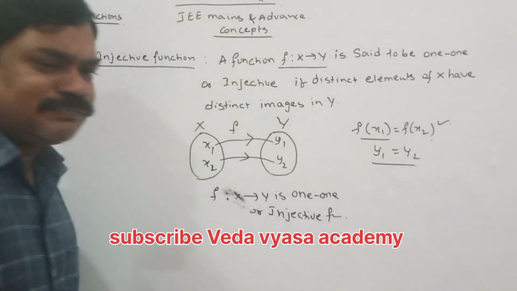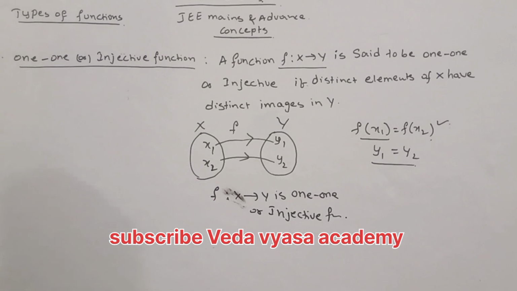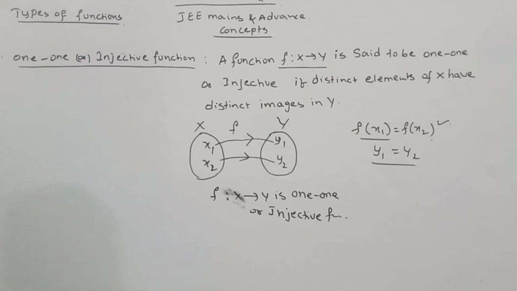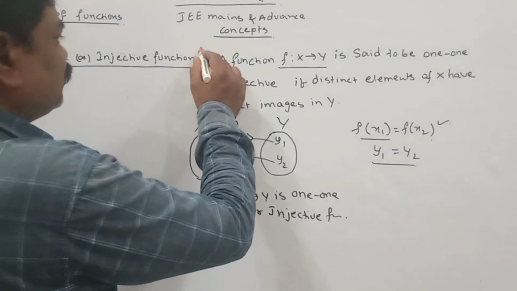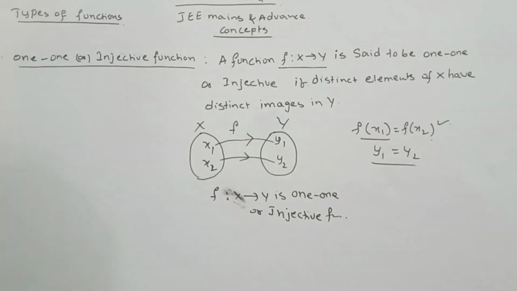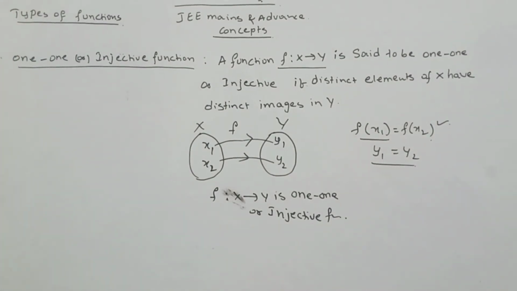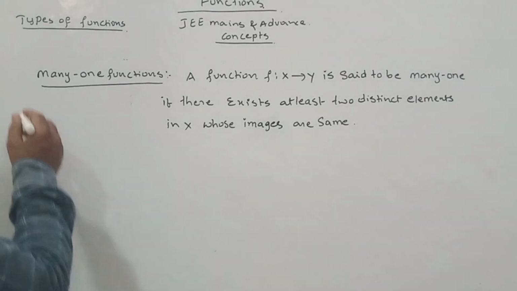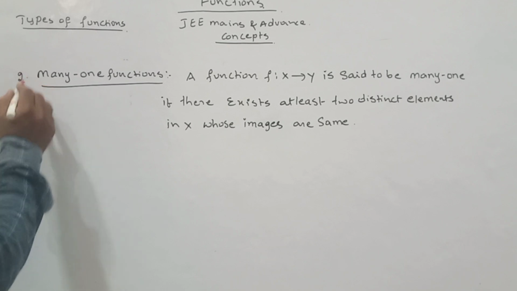Different or distinct elements in x are associated with distinct elements in y. Then we say it is a one-one or injective function. It is very important. Here one more important topic is the many-one function.